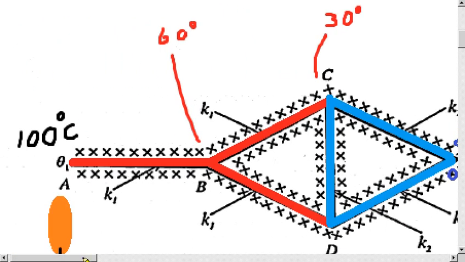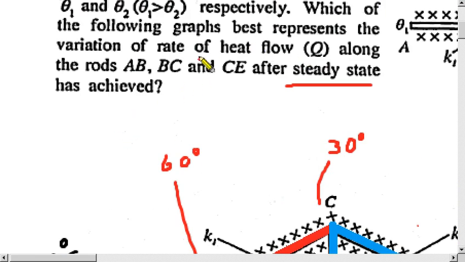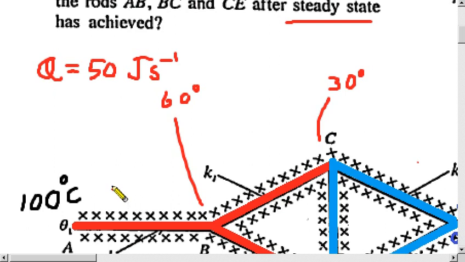Now suppose the rate of heat flow Q is 50 joules per second coming from this rod. So suppose here the rate of heat flow is 50 joules per second.